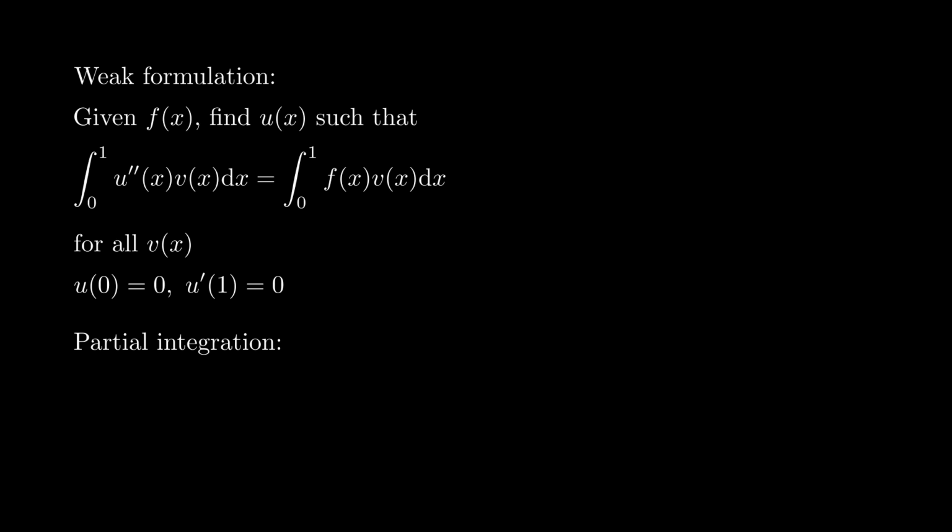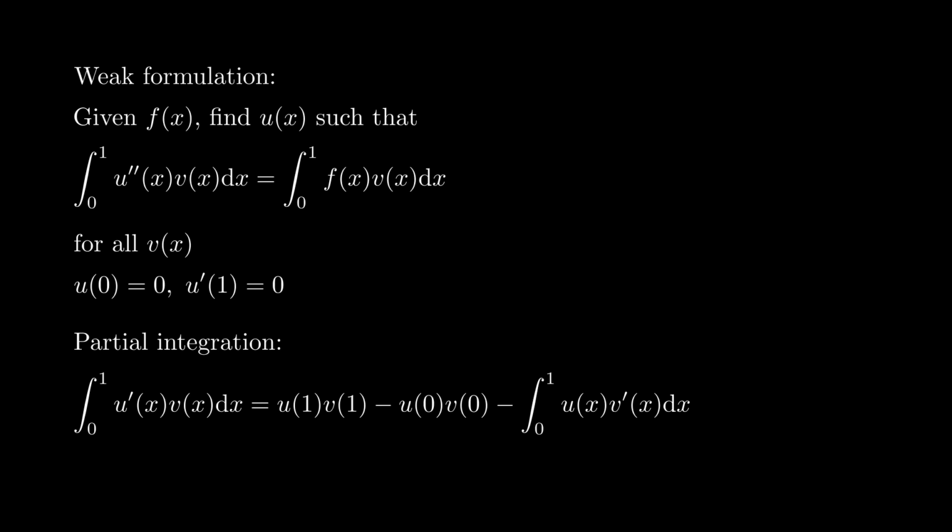Recall that the formula for partial integration states that the integral from 0 to 1 of the derivative of a function u times a function v is equal to the product of u and v evaluated at x equals 1 minus the product of u and v evaluated at x equals 0 minus the integral of u times the derivative of v.